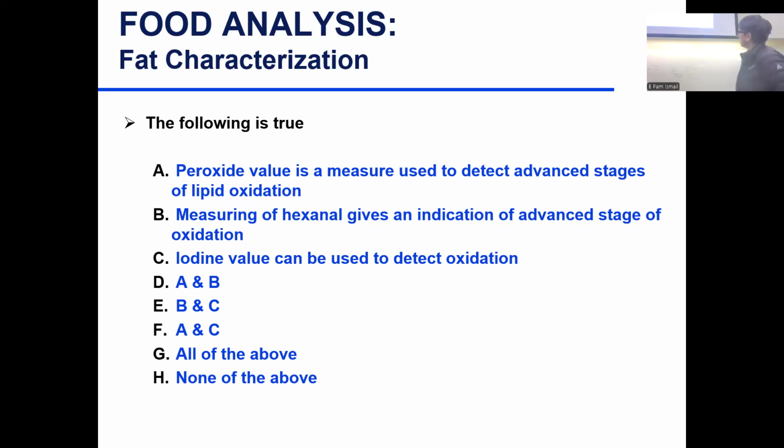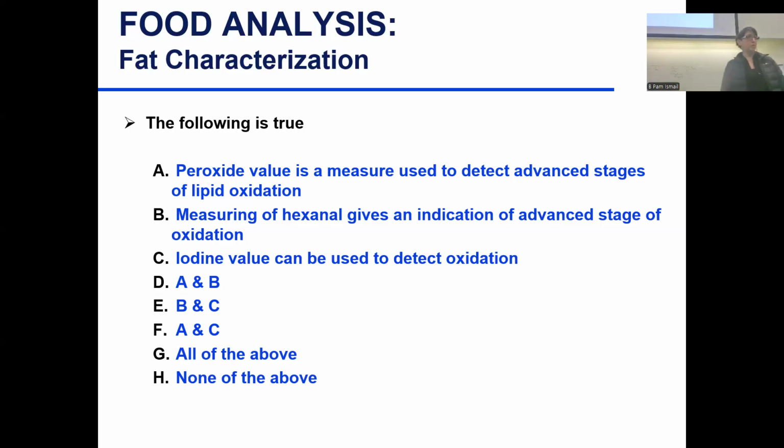No, they do not indicate advanced stages of lipid oxidation. The presence of secondary products of oxidation will indicate advanced stages of oxidation, like hexanal. Hexanal is a secondary lipid oxidation product.